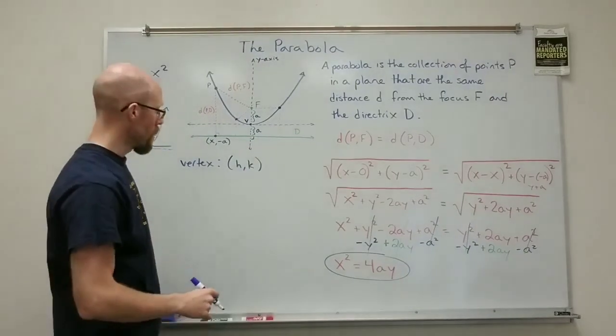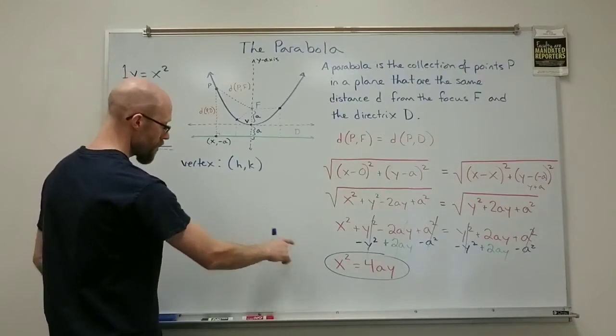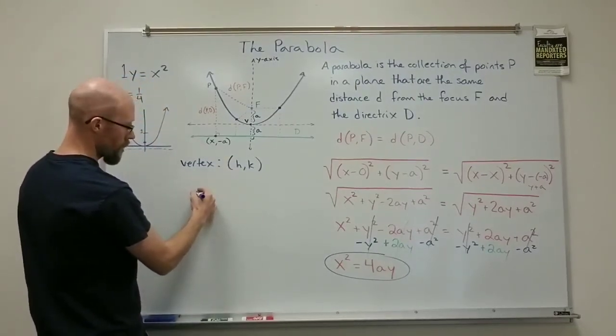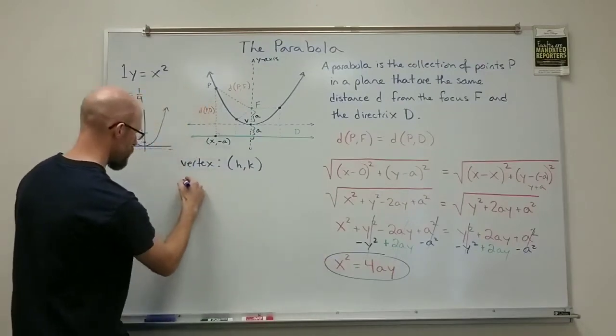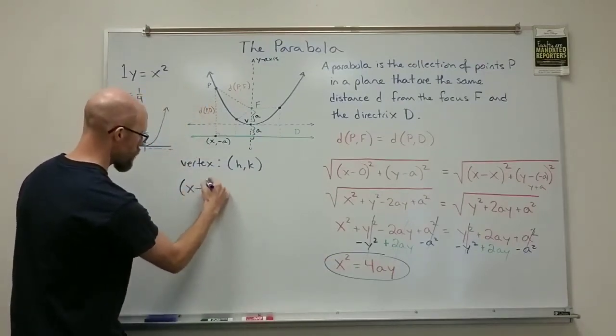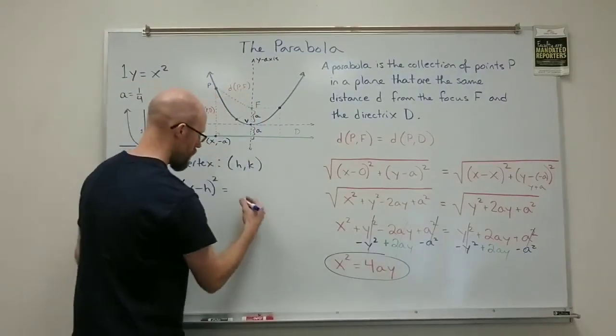If my vertex is at h comma k, then the corresponding equation is going to be a horizontal shift h, so x becomes x minus h, and it's a vertical shift of k.